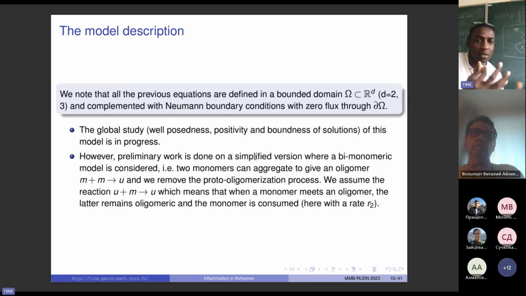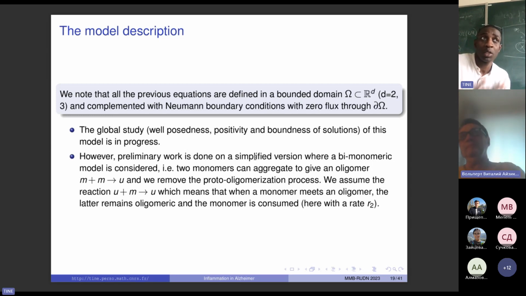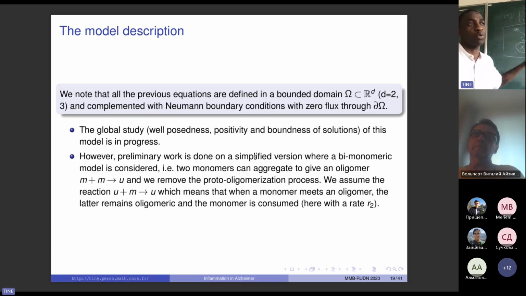So the brain is something like in 3D, and for this moment, we want to know what happens in a simplified version in 2D. But we are not, for this time, able to say something if you go to 3D.